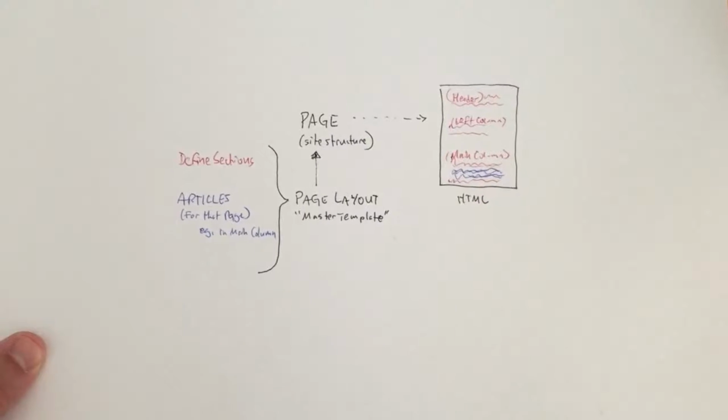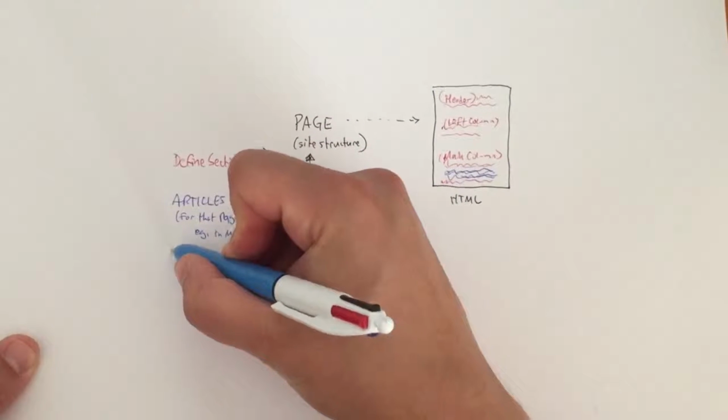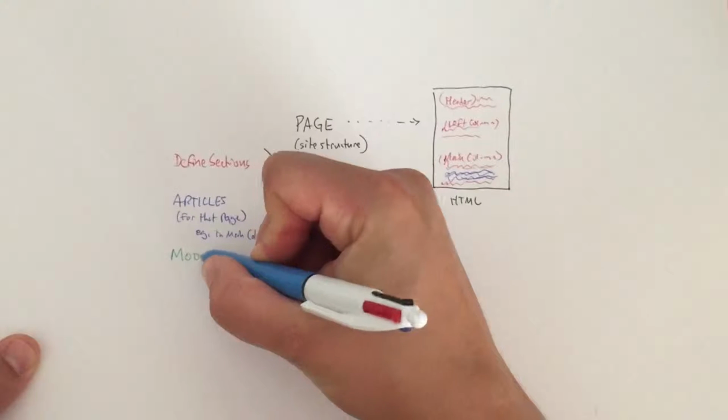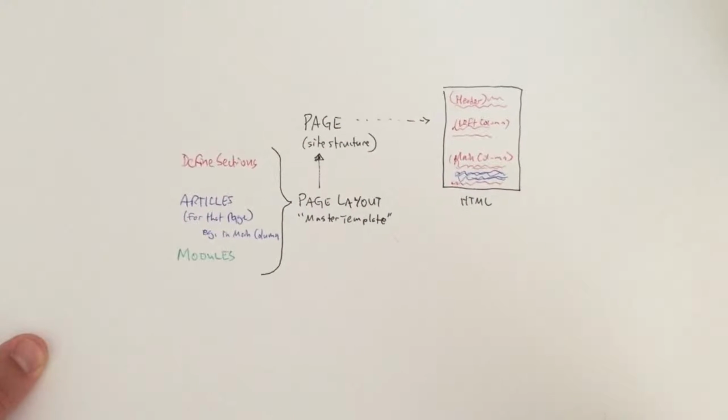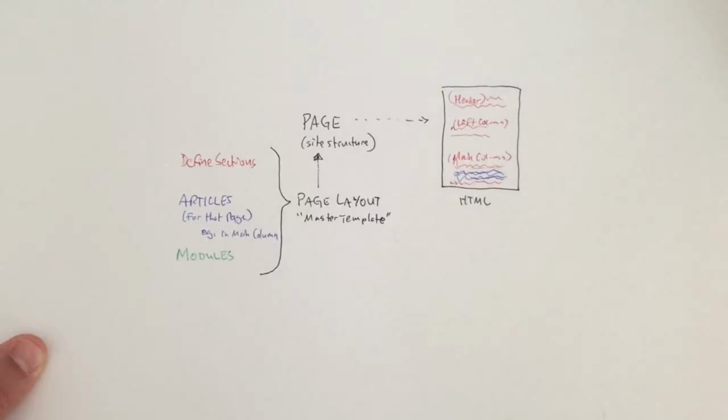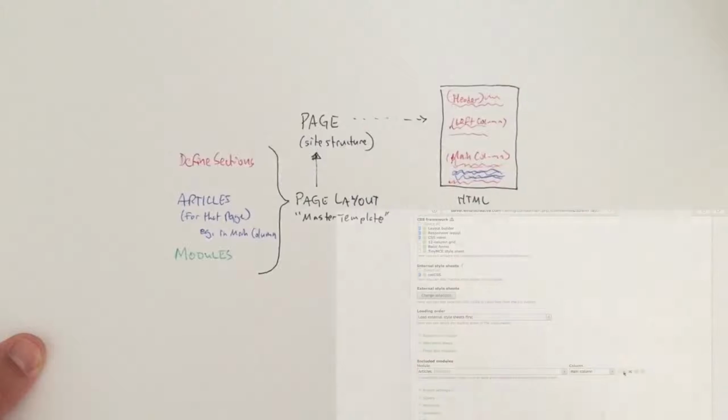Then next there's the modules. So whatever modules you want to include on that page need to be loaded up there, and you have to pick a section for them to go into.